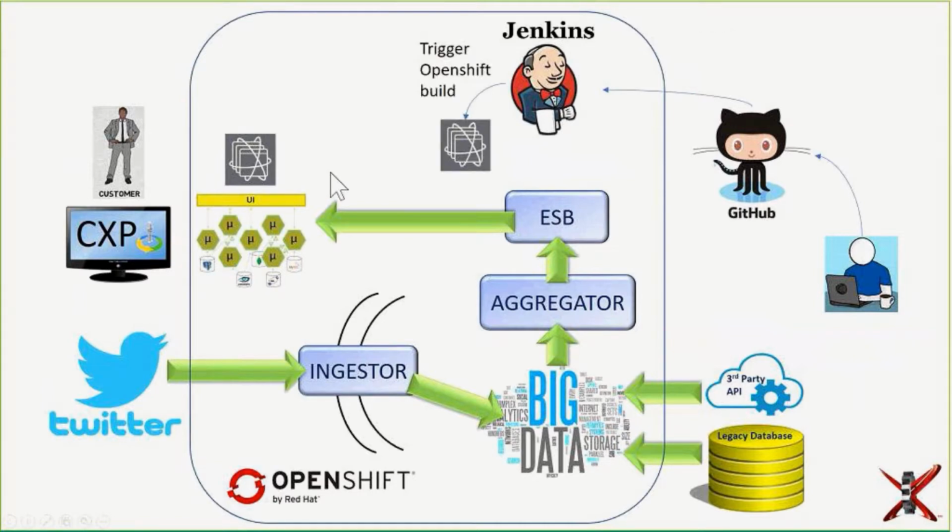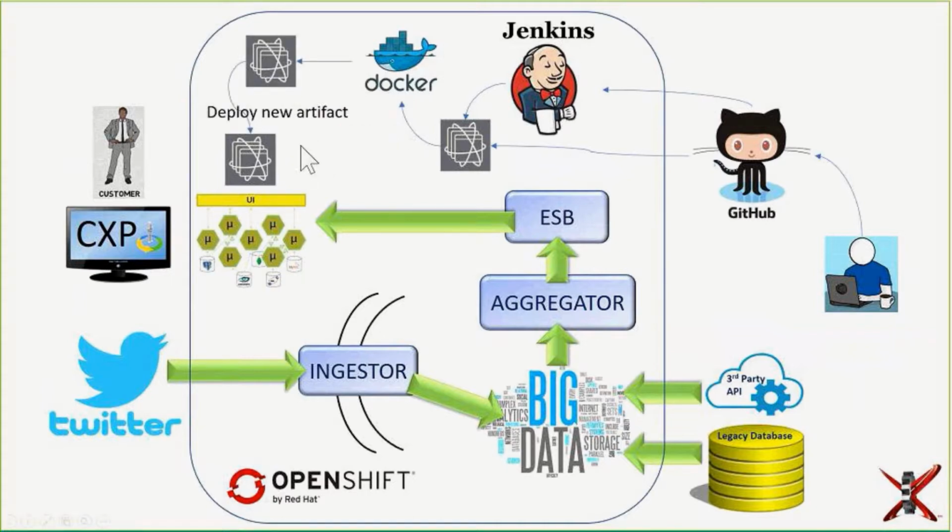So it actually builds the code directly from GitHub. It pulls that code into the pod. And then once it's built that, it registers that new image in the Docker registry in the OpenShift cluster. And then it kicks off an automatic deployment of that new artifact into the UI. So that's what we're going to demonstrate now, that full end-to-end push.